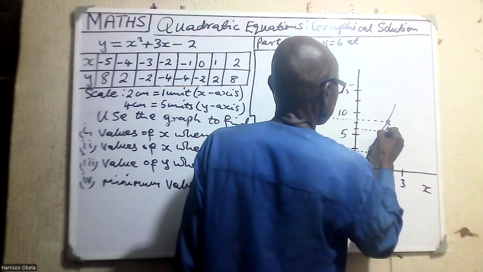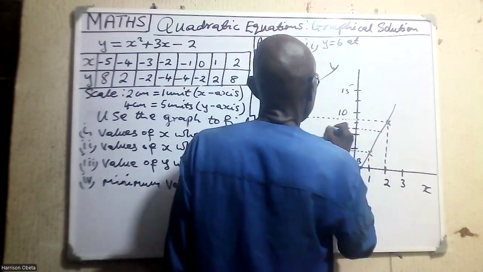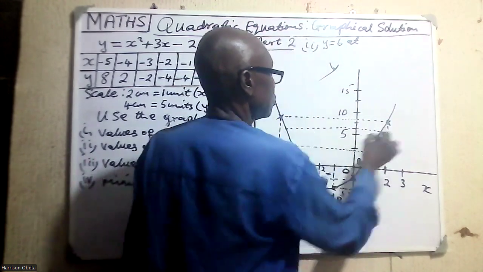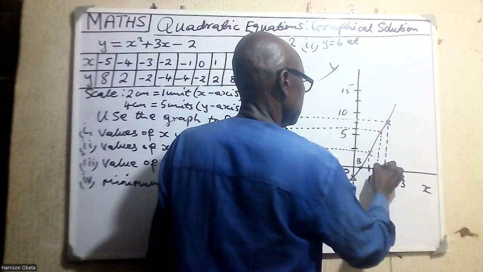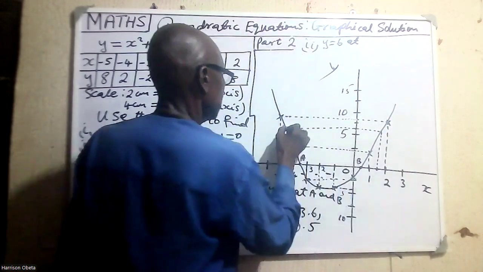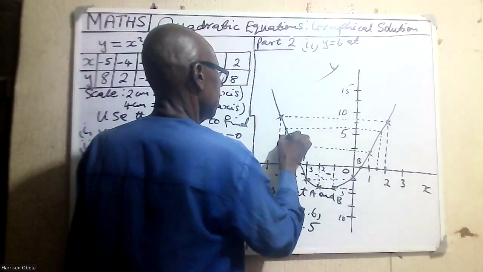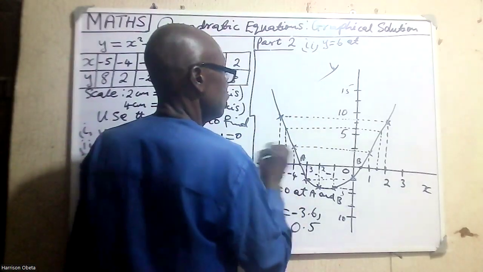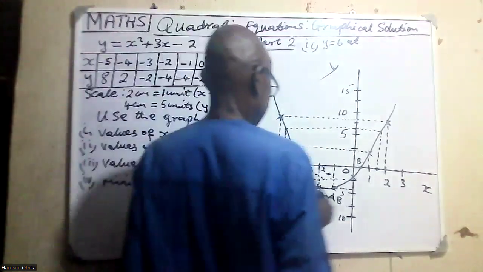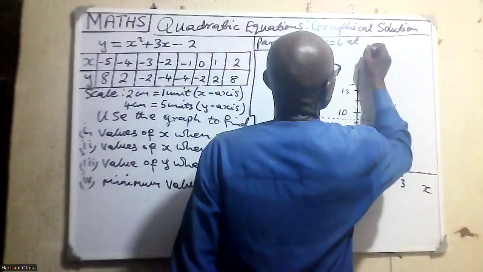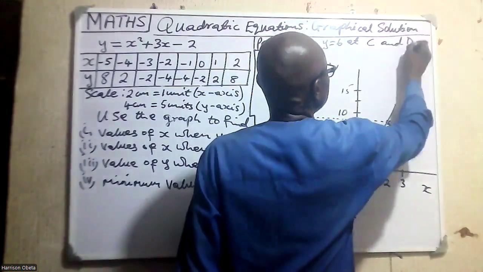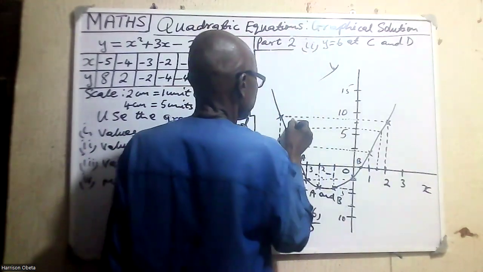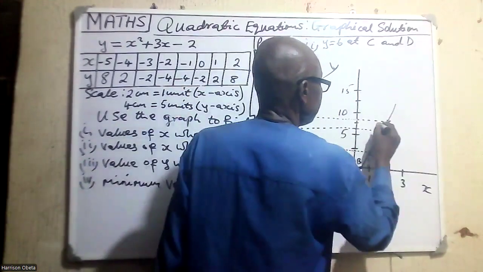You trace it to this and stop. Trace it back. Wherever it cuts the curve, you come down. Check the value here. Also the same place, the same thing. Check the value here. So at C and D. So you can put your C here and then D here.